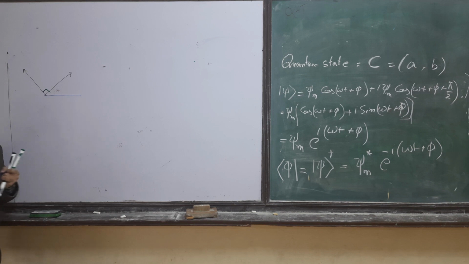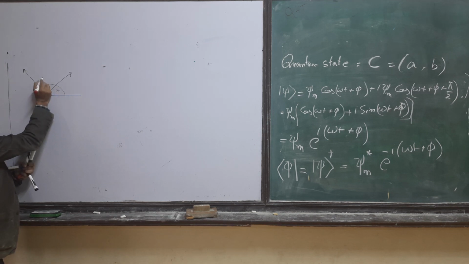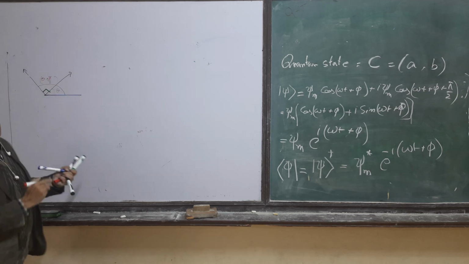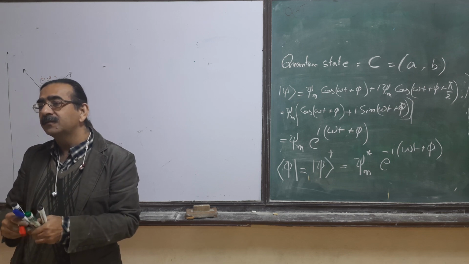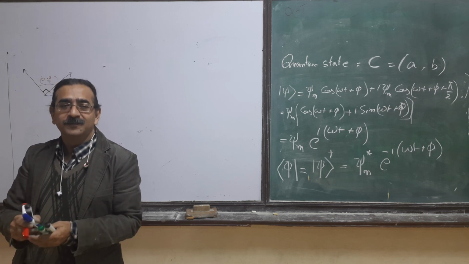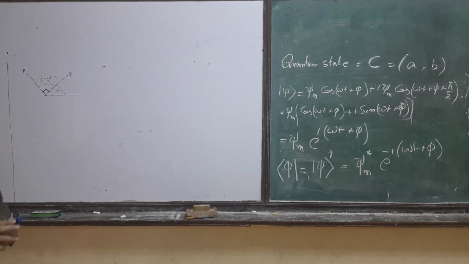If this is making angle theta, the other is theta plus pi by 2. Then it must be 90 because they are making 90 degrees.